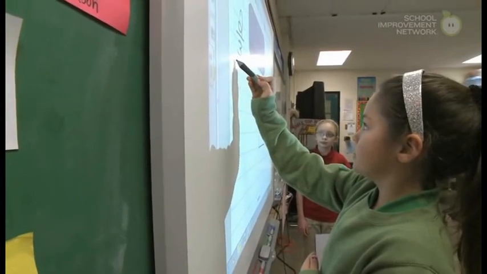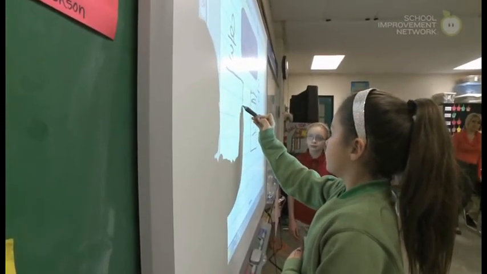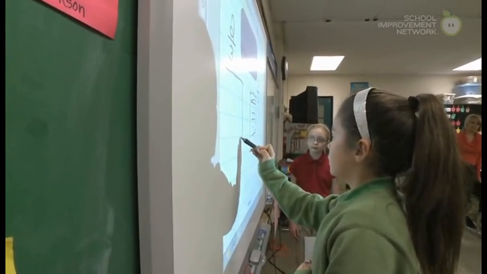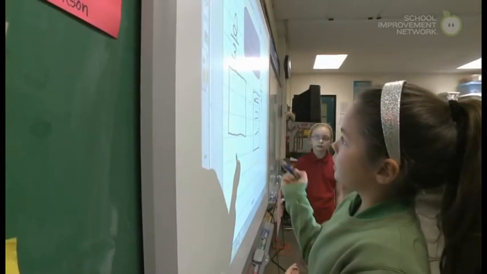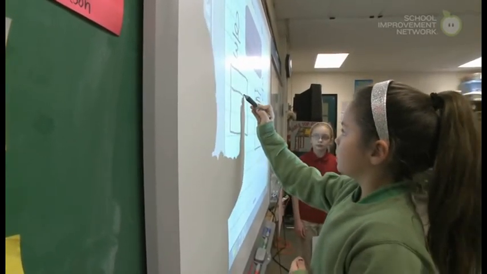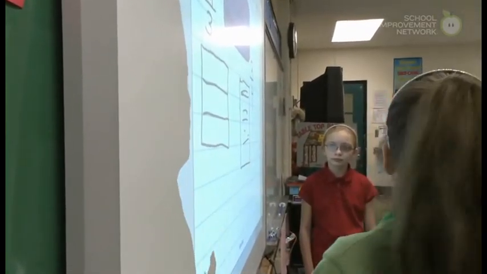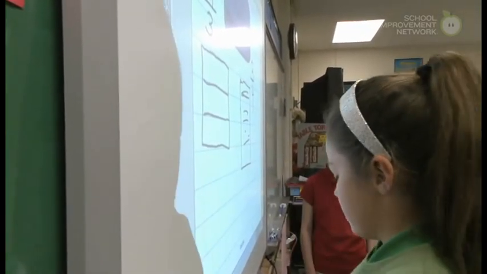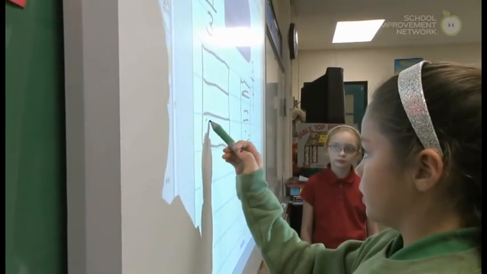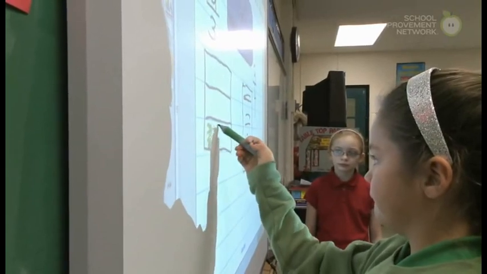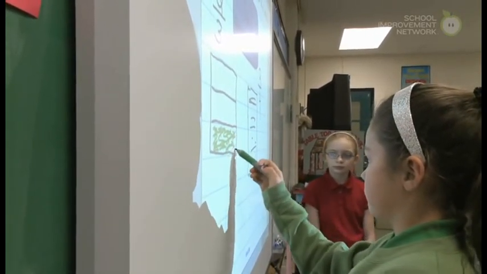Fractions. She has it drawn like this, and then 3 going down. That's how she has hers drawn. Okay. So I see 3 equal parts there. Do you all see 3 equal parts? So talk us through it, Isabella.